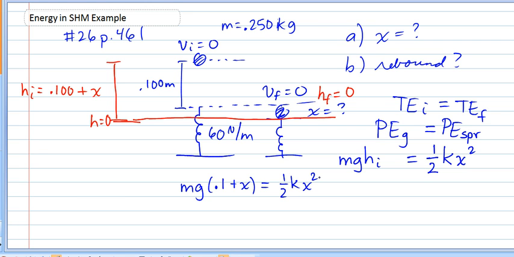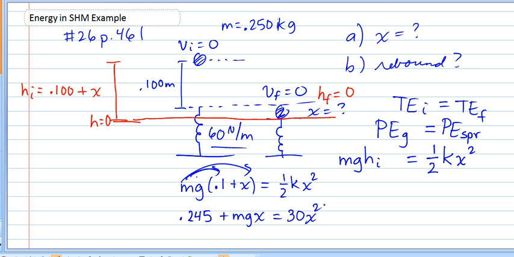Alright, so now we need to distribute and see what's going on here. So mg times 0.1 turns out to be 0.245. I'm going to leave units off for now. And then we're going to add mgx. So I've distributed my mg to both terms, and that's going to be equal to 1/2 k, which is given to us as 60, so 30x squared.